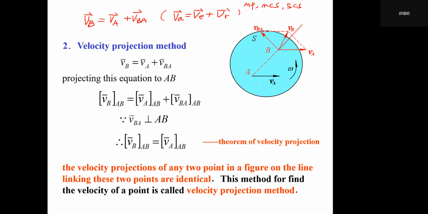So we can think that we have a MCS on this point A, and this MCS will move with point A, but when this figure has some rotation component, this MCS will keep its orientation and not rotate with this plane figure.